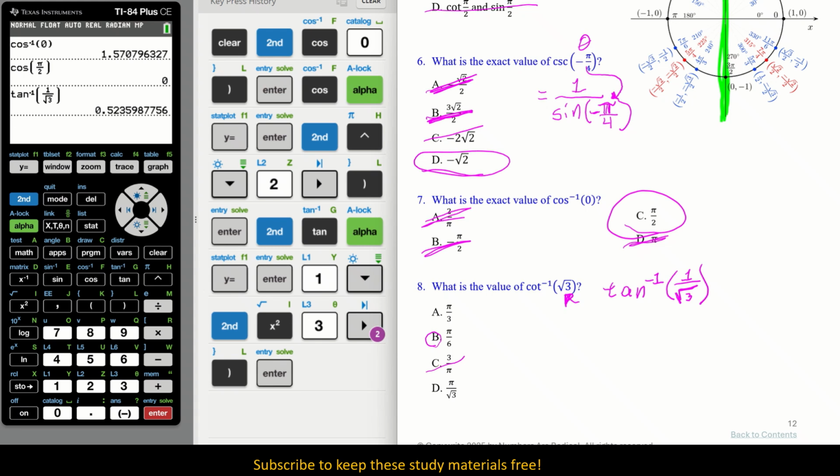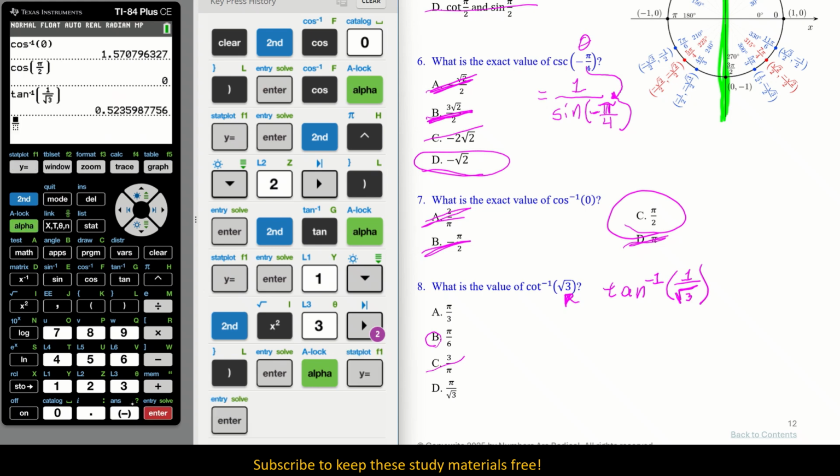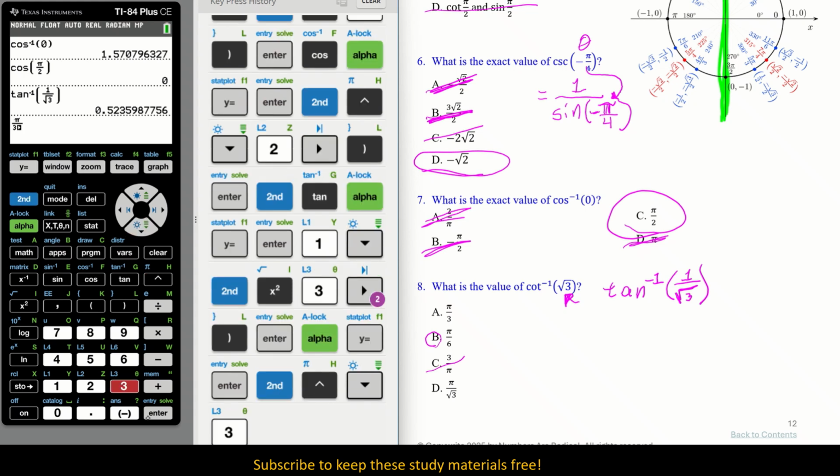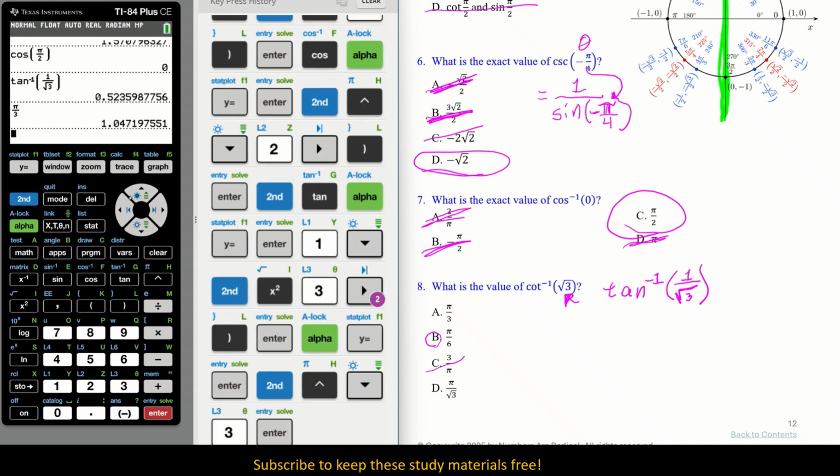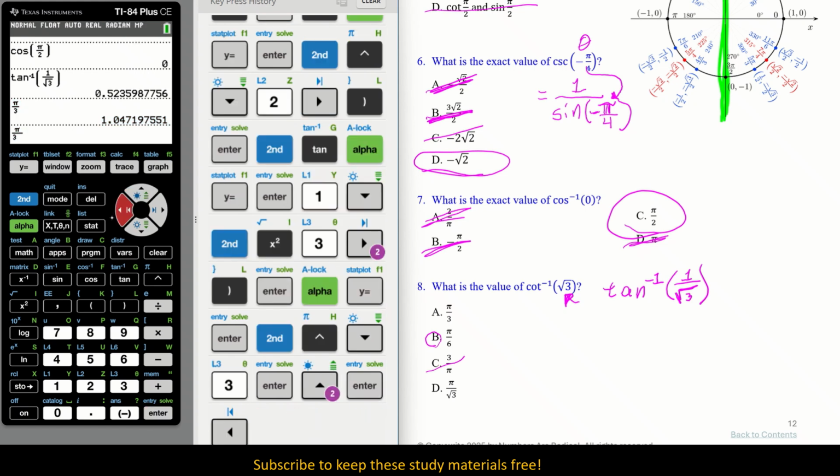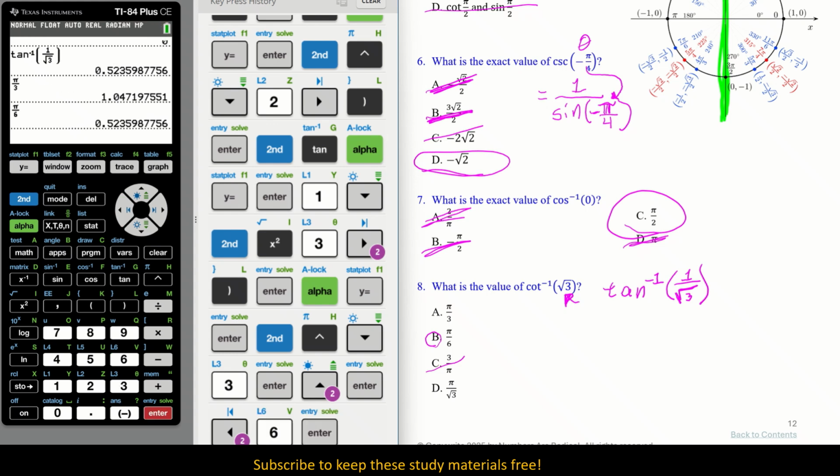But we can put this in the calculator and just try it out. And we can do some capturing to get this done. Okay, so alpha, y equals number 1. All right, so second pi, go down, type in 3. Not it. Go up, capture, arrow over, and now I want a 6.